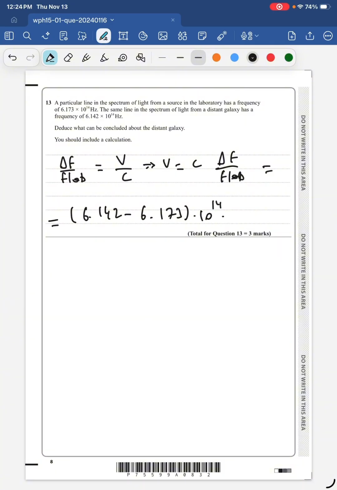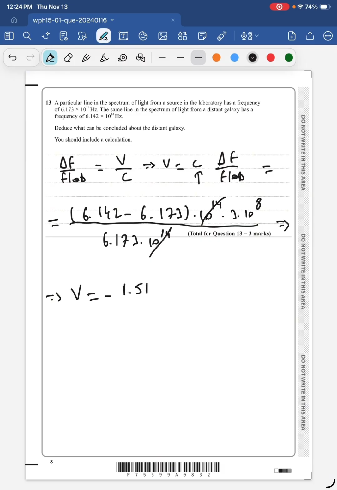We also have to multiply with c, don't forget that, 3 times 10 to the 8, divided by the frequency in the lab, which is just 6.173 times 10 to the 14. The 10 to the 14 cancel. If we do the calculation, we find minus 1.51 times 10 to the 6 meters per second.